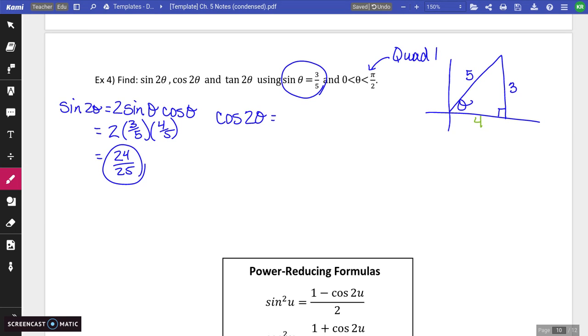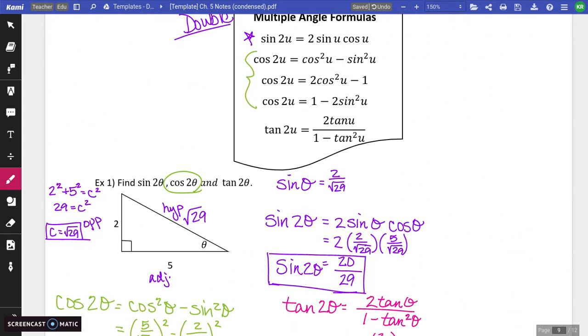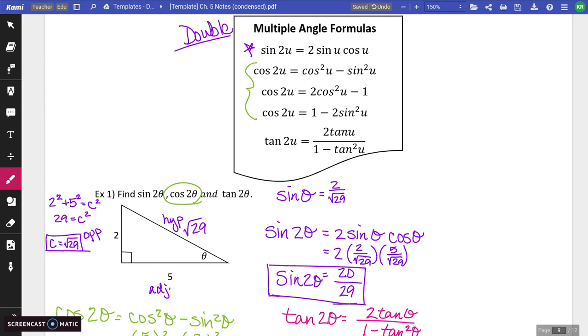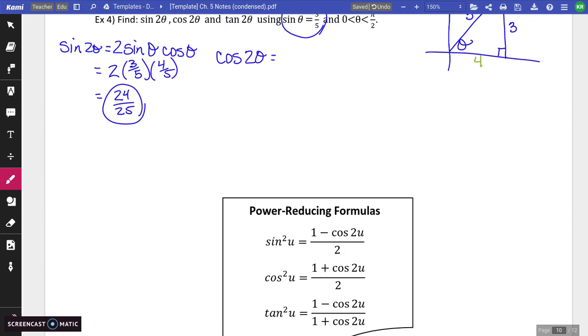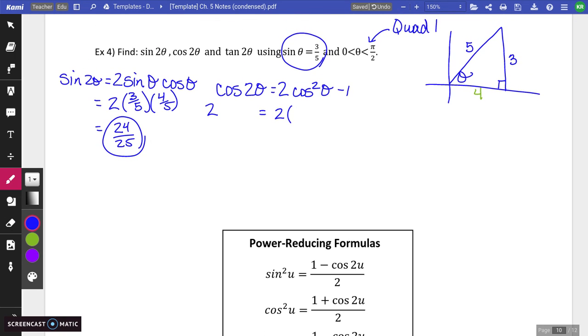Okay, then we're going to go cosine of 2 theta. Now, again, you've got multiple options you can choose from. How about this time we'll try the second one: 2 cosine squared minus 1. So this is going to be 2 times cosine, which is 4/5, squared, and then subtract 1.